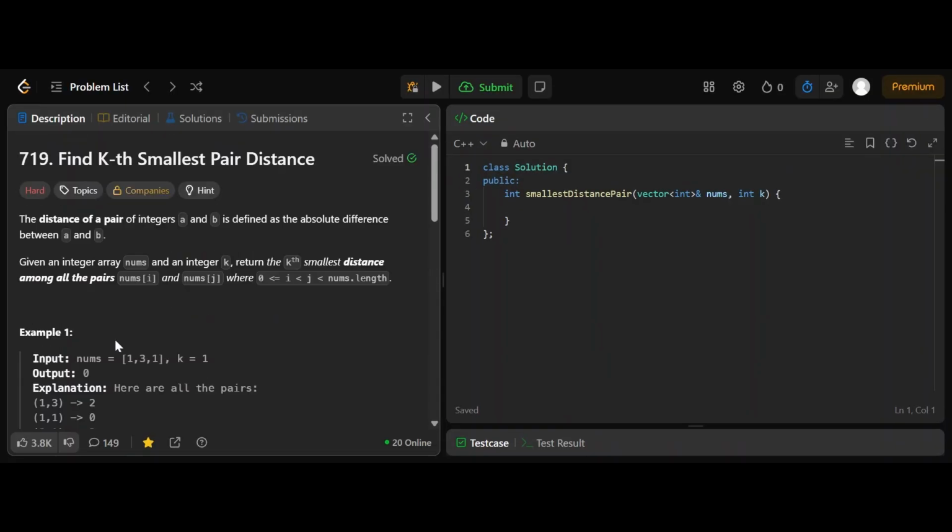So we need to find the distance of pairs and return the kth smallest distance. I'll first sort this. Int L is 0. R should be the maximum element minus the minimum element.